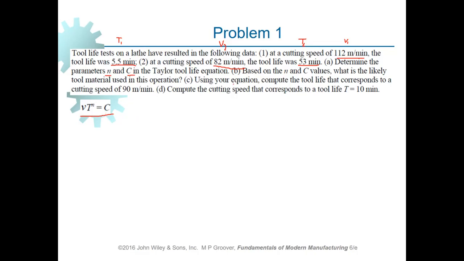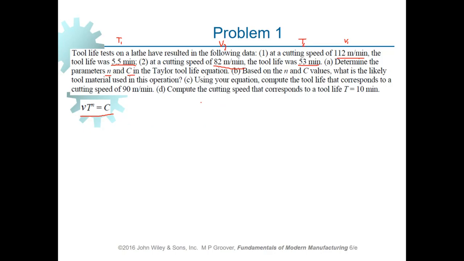Part B asks us, based on the values of N and C computed in part A, to determine the likely tool material used in this operation. In part C, we use the equation to compute the tool life corresponding to a cutting speed of 90 meters per minute. And in part D, we compute the cutting speed that corresponds to a tool life of 10 minutes.